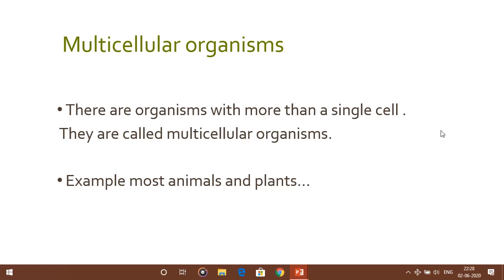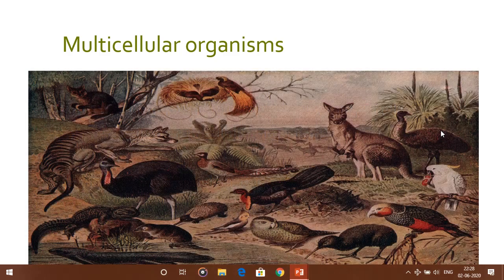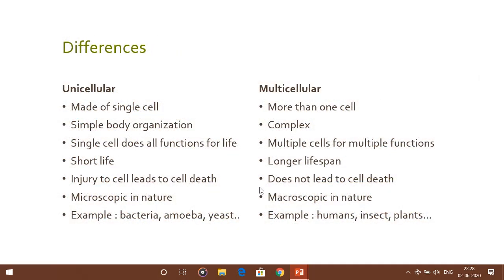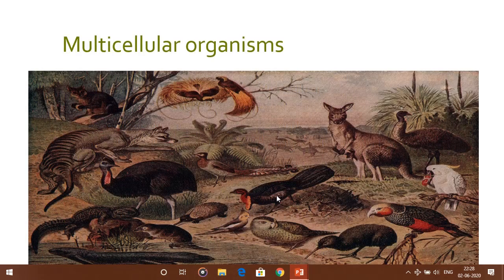The most prominent example that will come easily to your mind is the human body itself, and the other animals and plants. In the picture, as you can see, there's a kangaroo here, and lots of different types of birds. I can definitely say this one looks like a peacock, kind of.